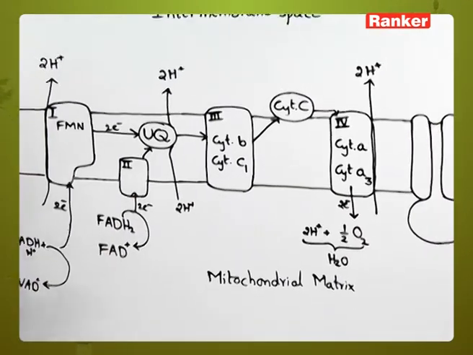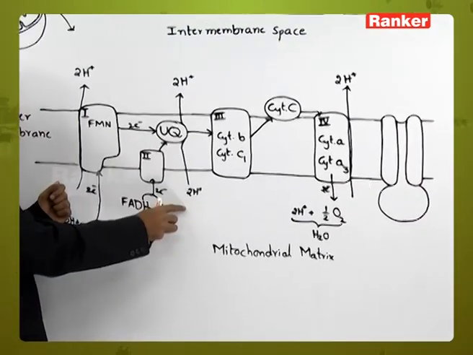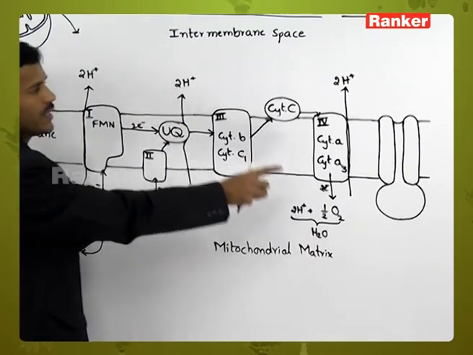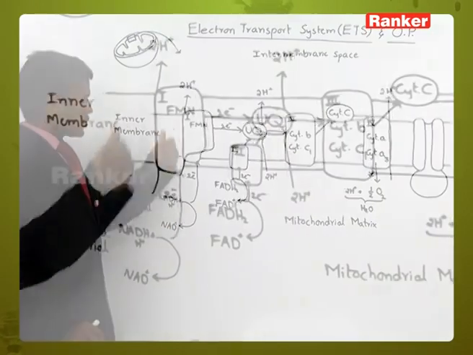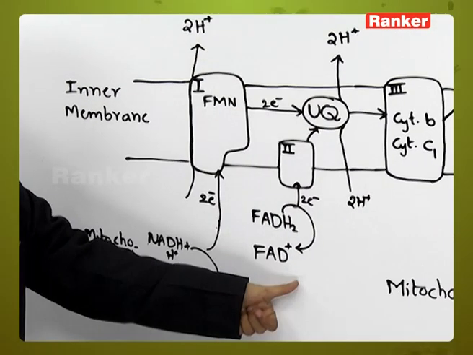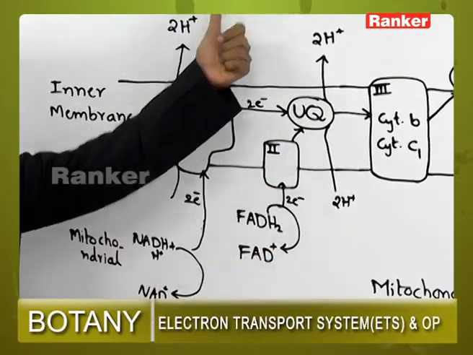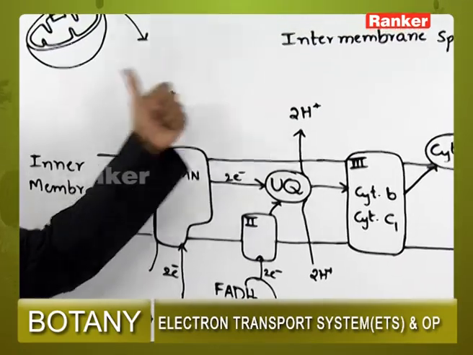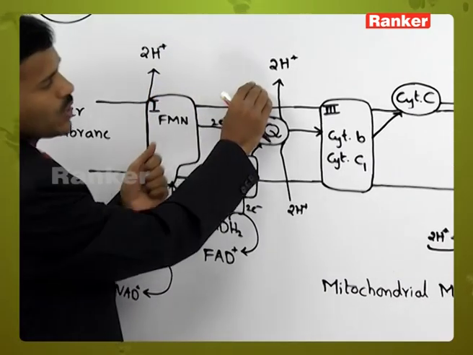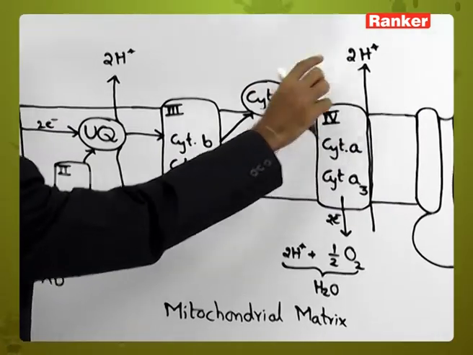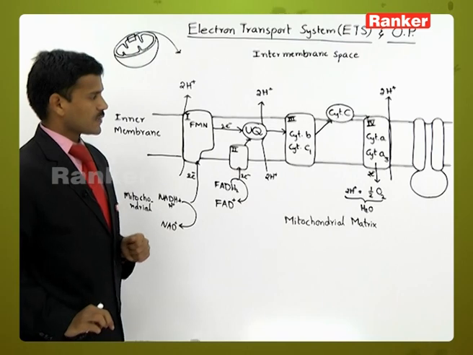But when FADH2 is oxidized, only 2 protons are moving here. When NADH2 is oxidized, a total of 6 protons are translocated from the mitochondrial matrix to the intermembrane space. But when FADH2 is oxidized, only 2 protons here and 2 protons here, a total of 4 protons are translocated.